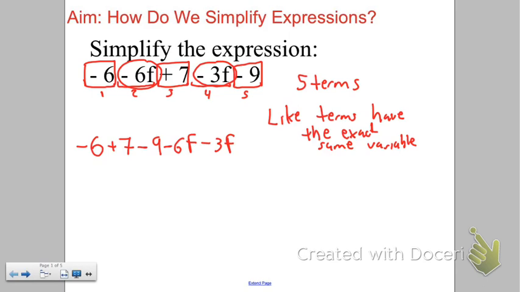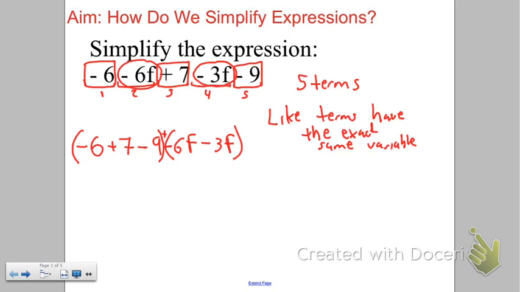Now I'm going to use my associative property and group my like terms together. I'm going to have to add a plus sign in the middle here because it's plus that -6f minus 3f.